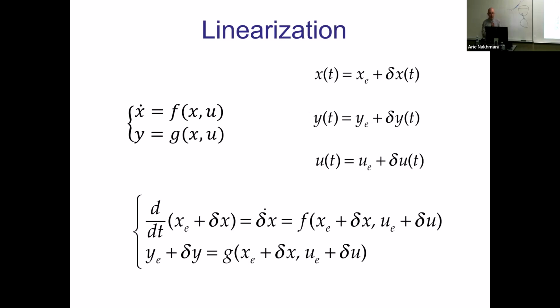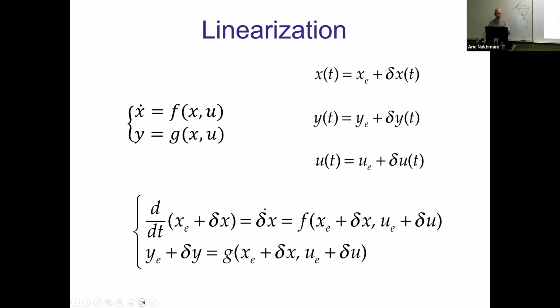First of all, we can write a small change with the delta symbol, that little delta symbol. And pay attention that delta x is not delta multiplied by x, and this has nothing to do with impulse response, okay? Different delta. That entire symbol delta x means just a small change in x. And obviously it is a function of time, right? X equilibrium is not a function of time.